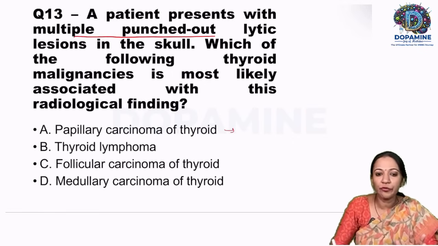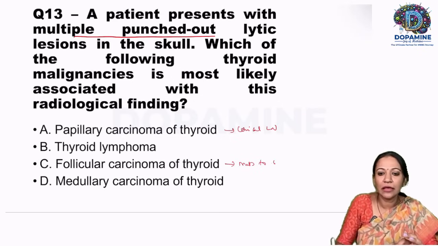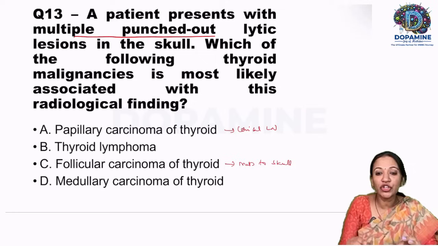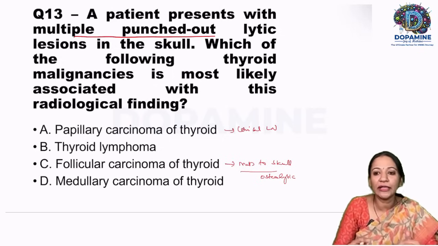So we know that papillary carcinoma metastasizes to the cervical lymph node, thyroid lymphoma is directly a B cell lymphoma, and follicular carcinoma metastasizes to the skull. And what is the nature of metastasis here? In follicular carcinoma, it will be osteolytic metastasis. So for multiple punched out lytic lesions, probably the diagnosis here is follicular carcinoma.